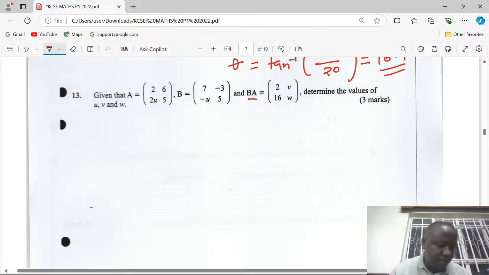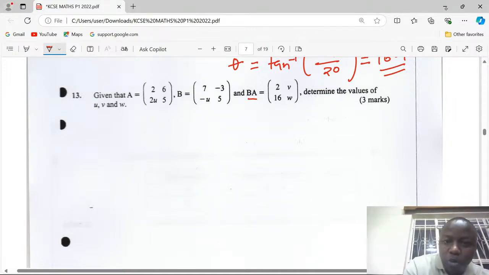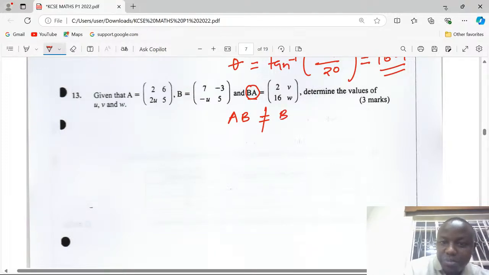Let's work out the values of the unknown letters here. Remember the order is very important in which multiplication has been done. Students are supposed to know that AB, when it comes to matrices, is not the same as BA.